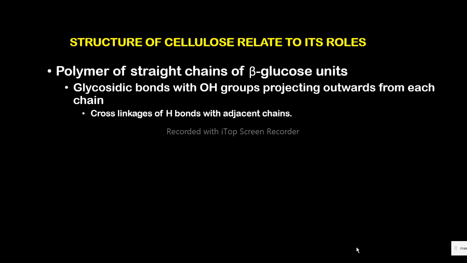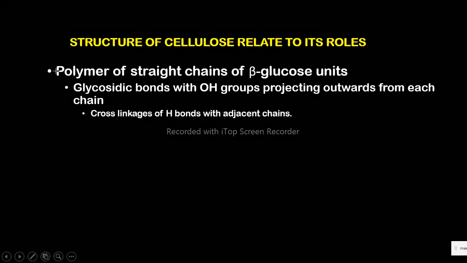So number one, nobody talked about this. Cellulose is a polymer of straight chains of beta glucose units. You assume it to be obvious, but all of you are talking about cross linkages. Do you know what creates the cross linkages? It is the chains of beta glucose units.